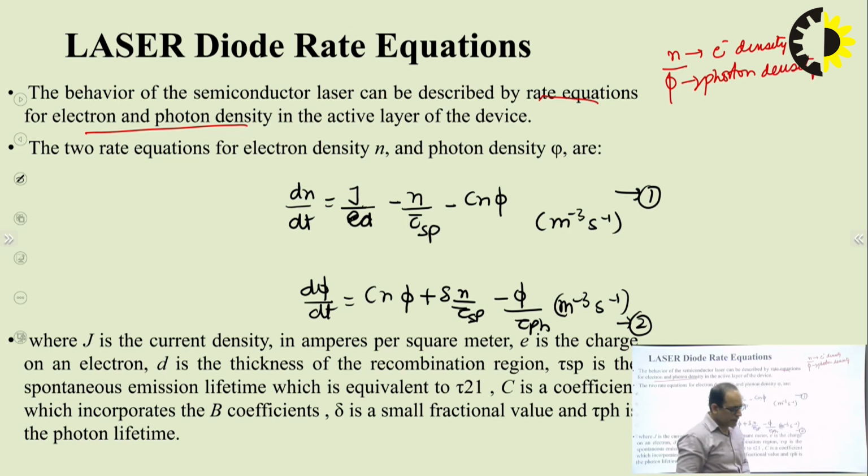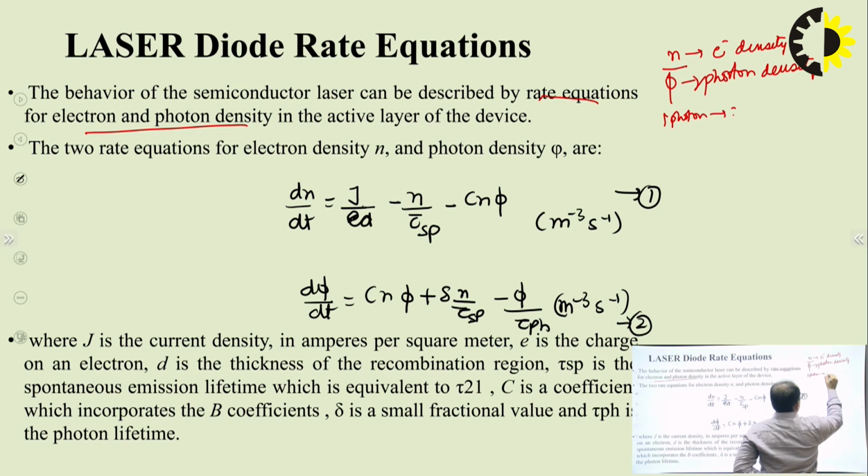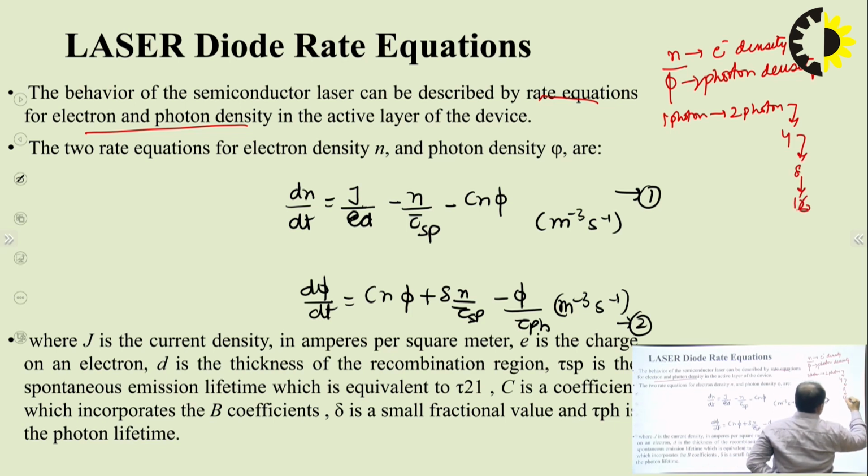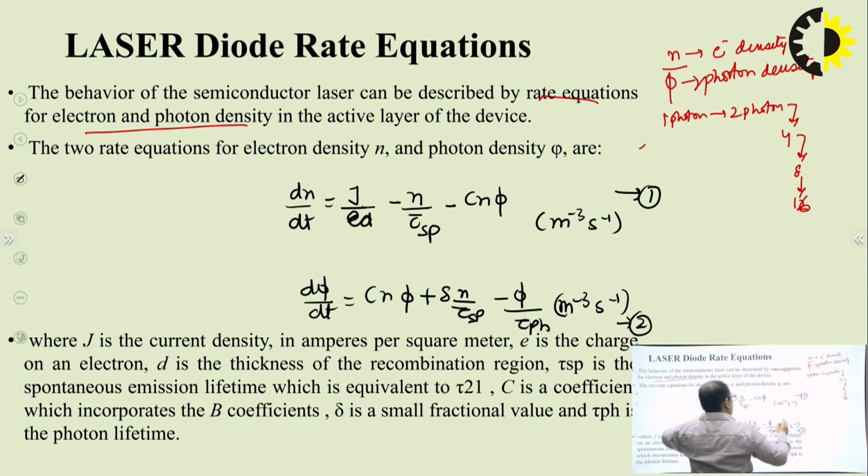As we know, one photon produces 2 photons, 2 photons can produce 4, 4 can produce 8, 8 can produce 16. So there will be a rate of change of photon production per unit time, and similarly a rate of decrease of electrons per unit time. Clear? So there will be 2 rate equations, for the electron density and the photon density.